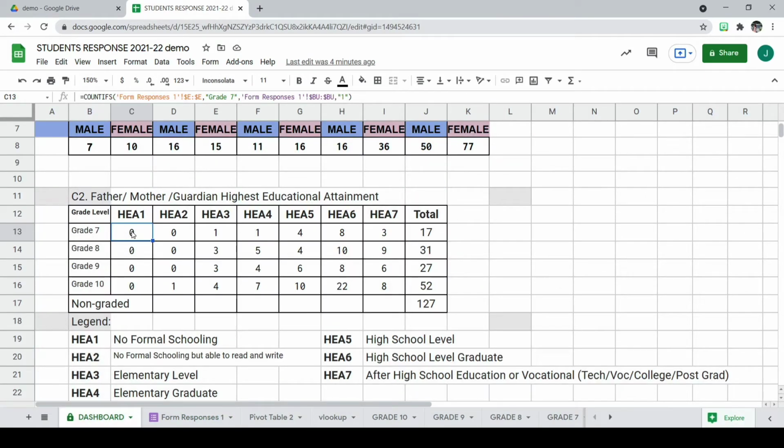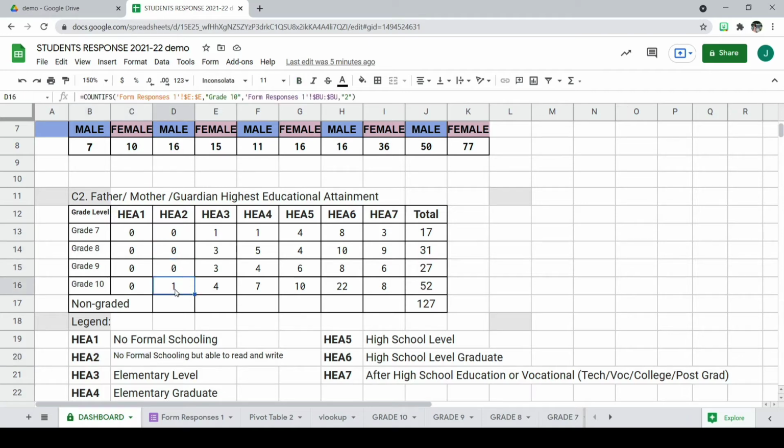So you will let the Google Sheets count, tapos open and close quotation, tapos kung unsay tubag nga 1. So wala tayo naka 1. Okay, so next is kung naay nakatubag, grade 8, so 1. Tapos kung naay nakatubag sa grade 7 nga 2, katong no formal schooling.